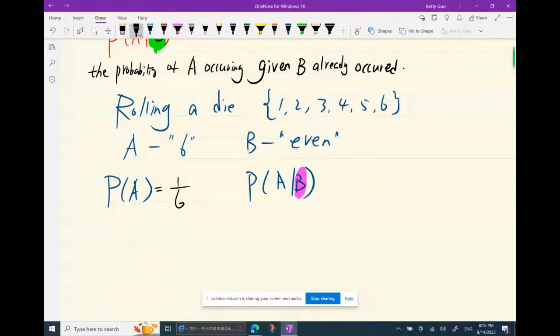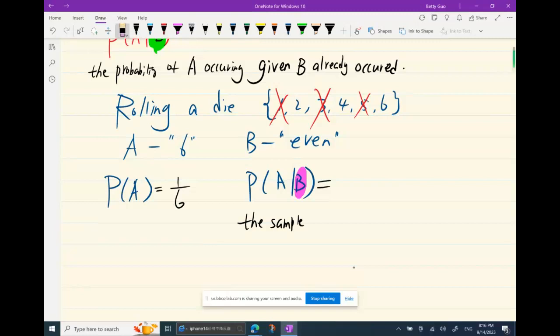Conditional probability, yeah. The probability of getting number 6 given we already know the number is even. Now, of course, we would not consider 1, we will not consider 3, we will not consider 5, right? So when we attach a condition to the probability, we actually shrunk the sample space.